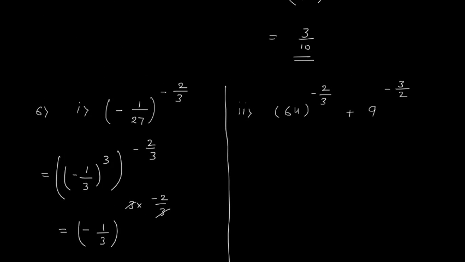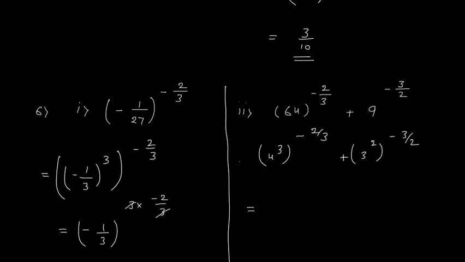Here 64 power minus 2 by 3. Now 64, this is 4 cube. Again here it is 2 upon 3, so in fraction we have 1 upon 3. So I have written this 64 as 4 power 3, the whole power minus 2 upon 3, plus this 9, I will write 3 power 2, the whole power minus 3 upon 2.